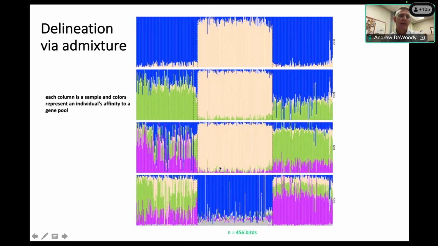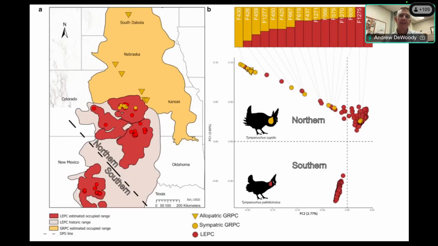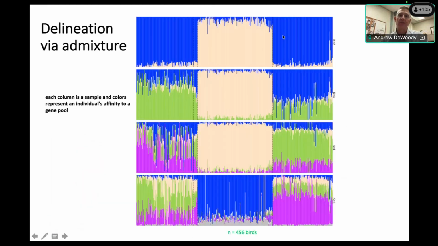And so another way to think about delineation is about this admixture. And this top figure here shows admixture proportions in individuals, where each column is an individual bird. So this is for, whatever, a dozen individuals. Here we have the same thing, but shown for hundreds of individuals, where each of these little thin columns represents an individual bird.